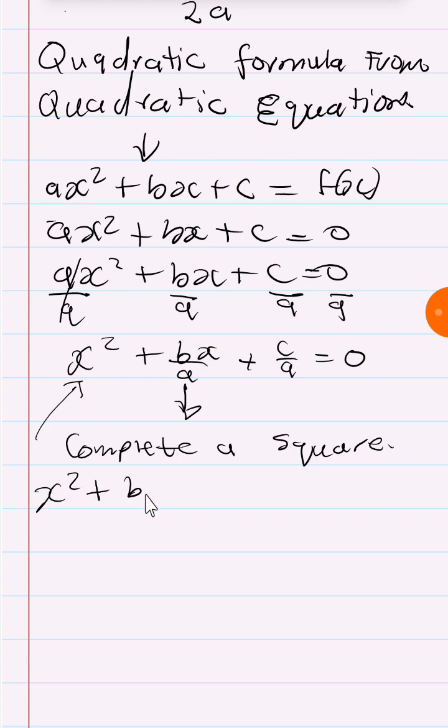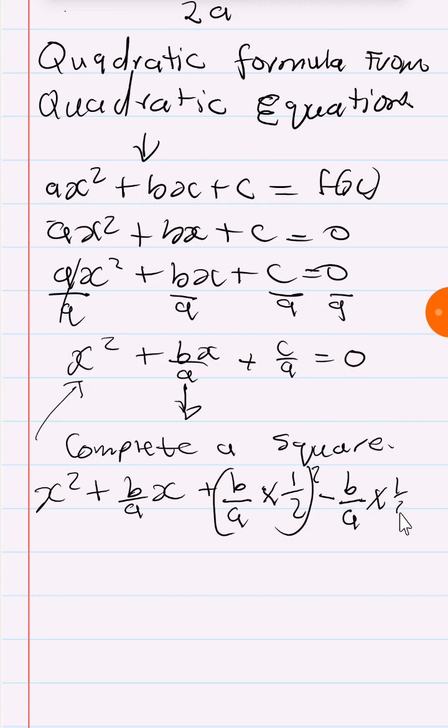x squared plus b over a x plus (b over a times 1 over 2) squared minus (b over a times 1 over 2) squared plus c over a equals 0.